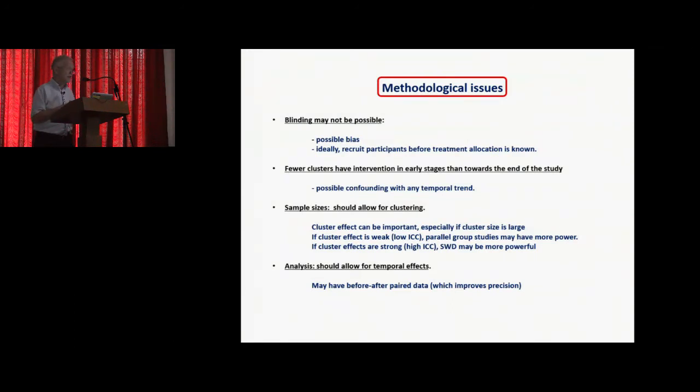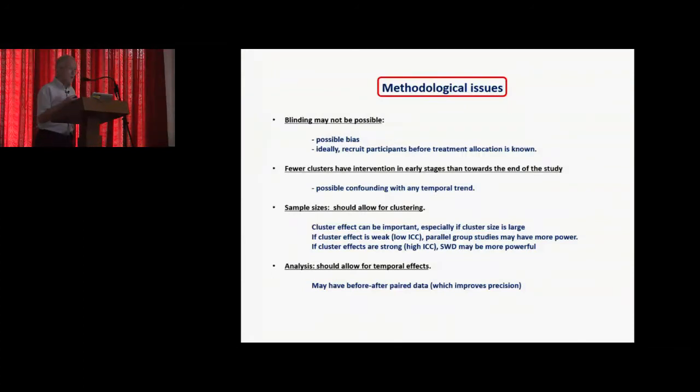So if there's, say, an increase in the incidence of the disease or the severity or even referral patterns to these hospitals, if something's changing over time, you have a problem with the analysis because it'll be confounded with the intervention.